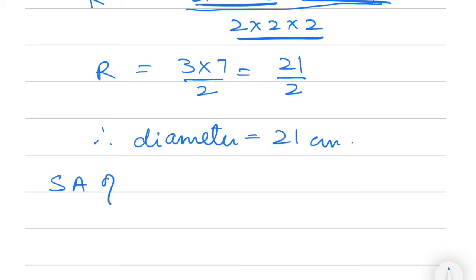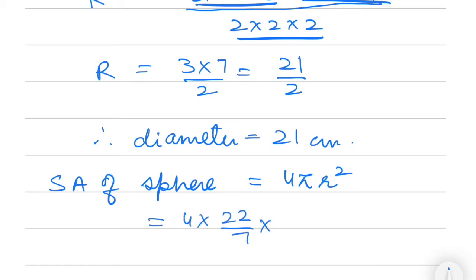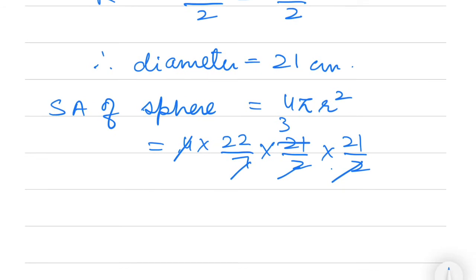Now we have to find the surface area also. So surface area of sphere is equal to 4 pi r square. We have 4 into 22 by 7 into 21 by 2 into 21 by 2. So we have these cancelled, and this 3, 66 into 21.